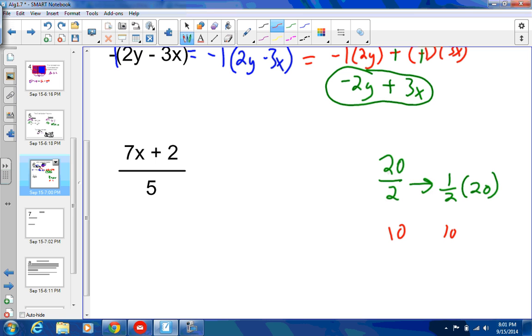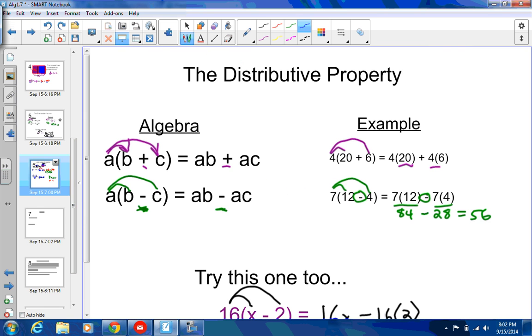So what we're going to do is rewrite this so that this 5 on the bottom is actually taken out in front, and it's a fraction. So we're going to rewrite that as 1 over 5 times this whole expression here of 7x plus 2. Now it's in the form that we like for the distributive property. And I'll keep going back to that.